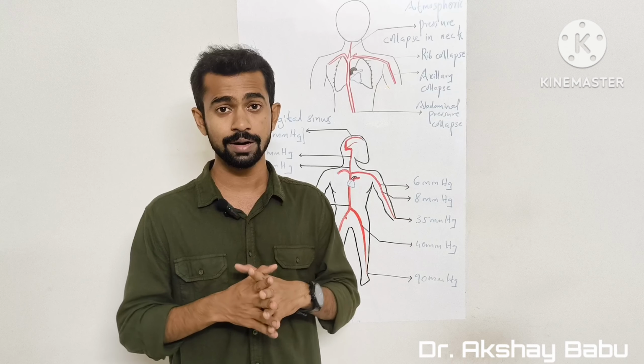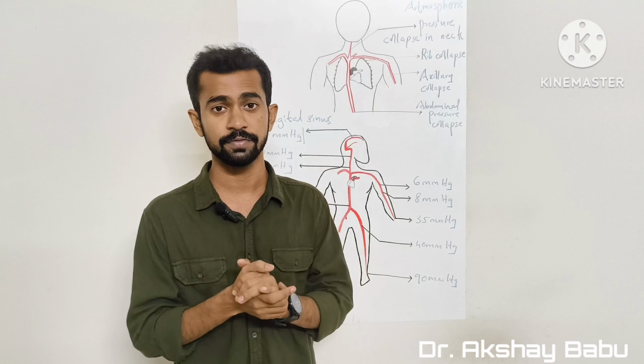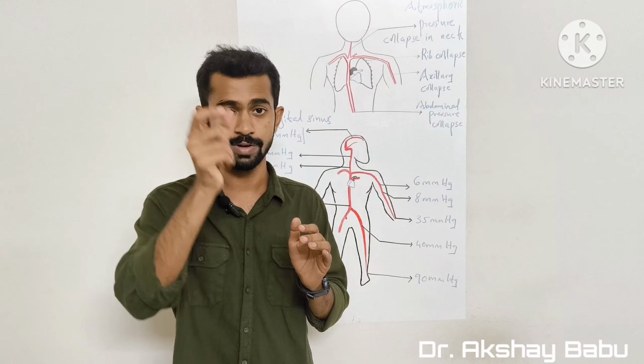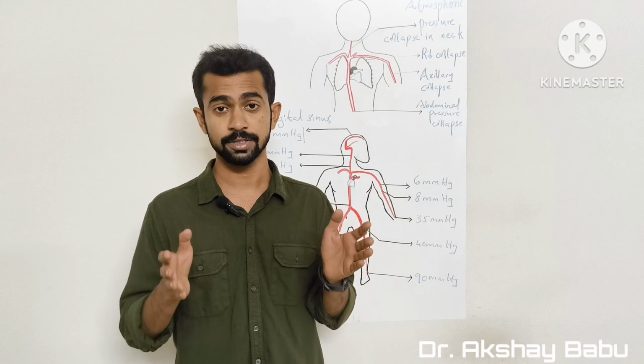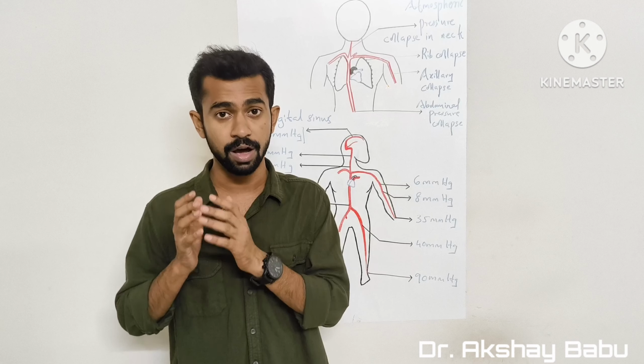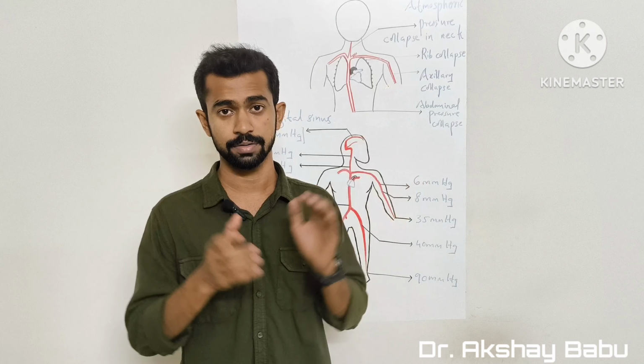This also occurs in the vascular system of human beings because of the weight of the blood flowing through the blood vessels. When a person is standing, the pressure at the right atrium of the heart remains at 0 millimeters of mercury.